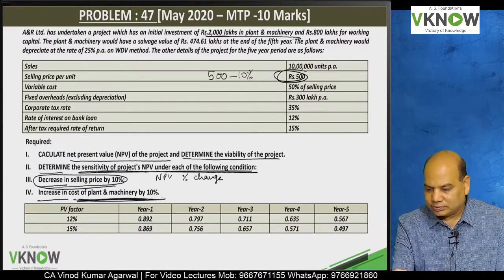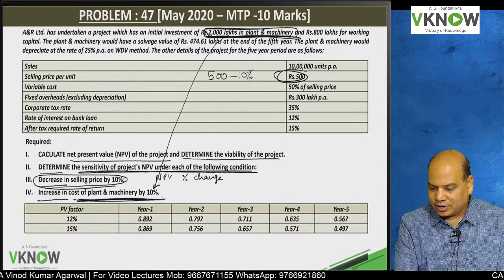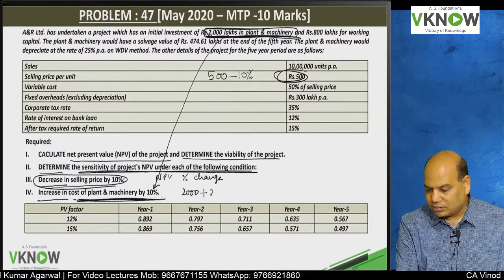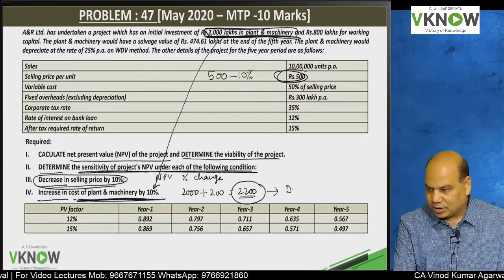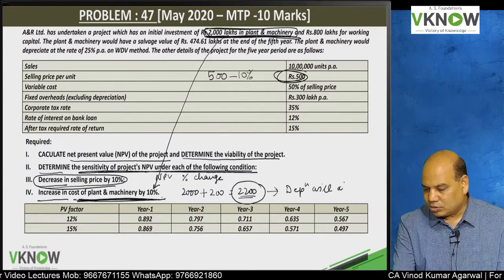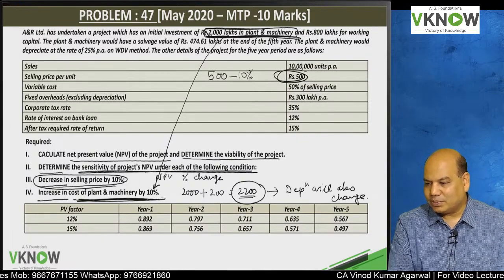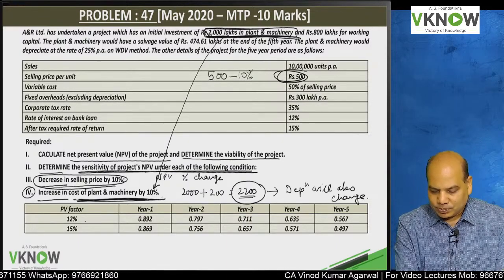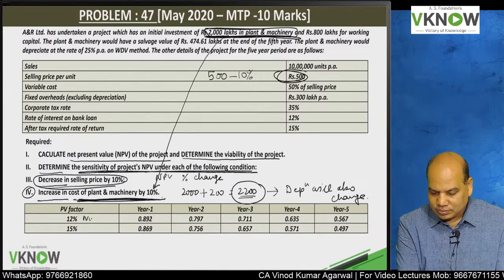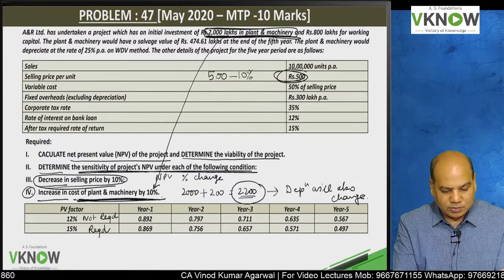Plant and machinery here is 2000, so that will increase by 10% and become 2200. But because of this, depreciation will also change, so I have to recalculate depreciation in this part. The PV factor at 12% is given, but not required. 15% will be required.